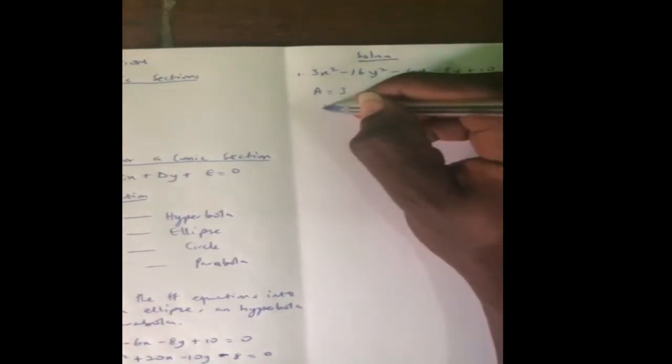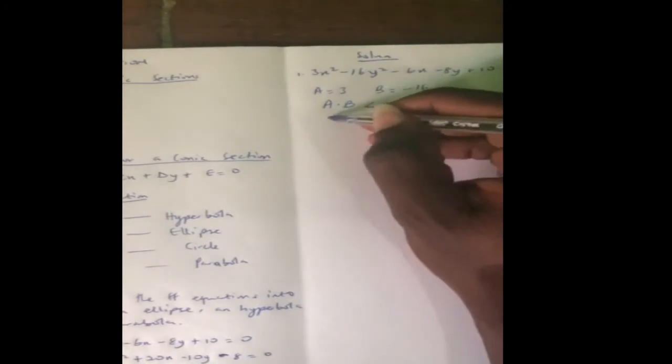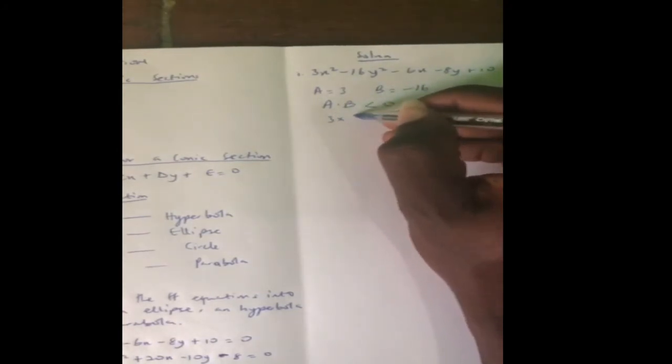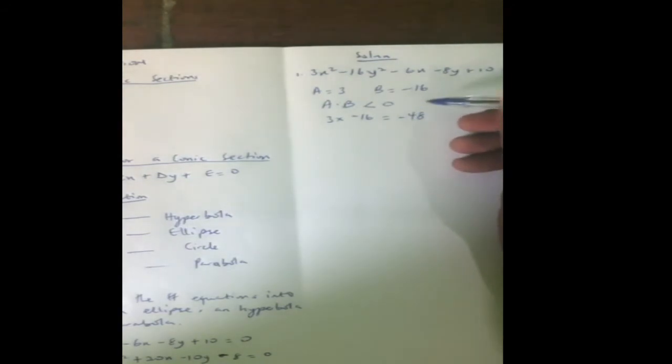Okay, so if you multiply a by b, because of this minus, we will know that we will get a negative answer, which will be less than 0. So we are going to get 3 by negative 16, which will give us minus 48. So we realize that our answer is a negative answer.